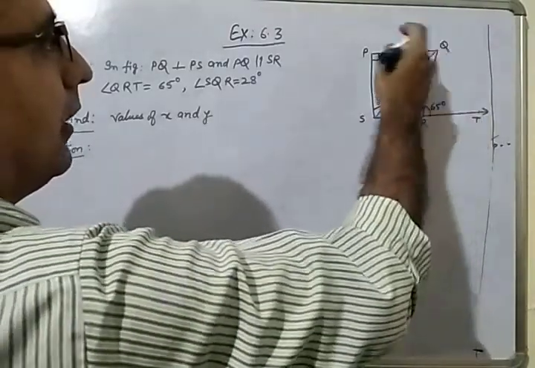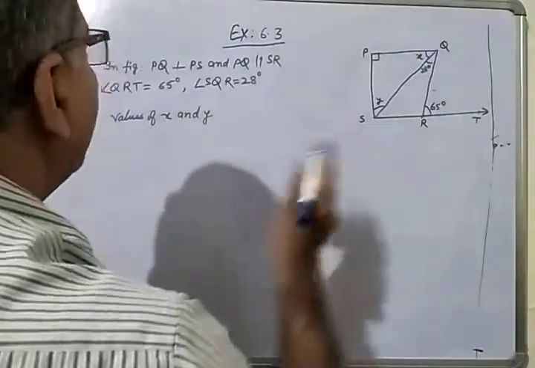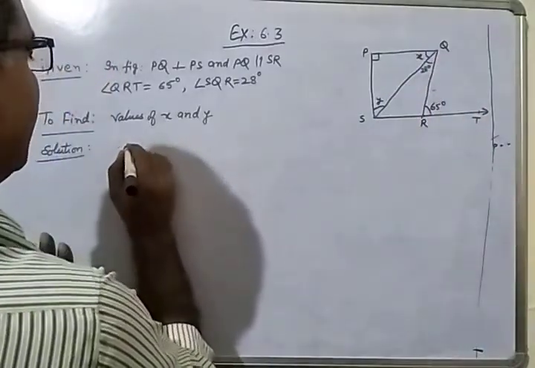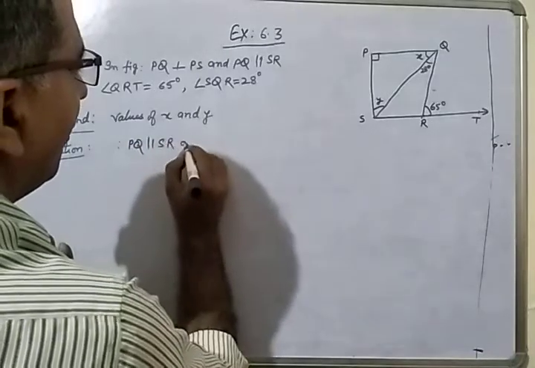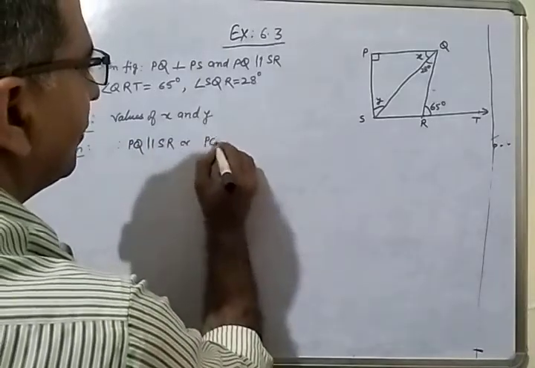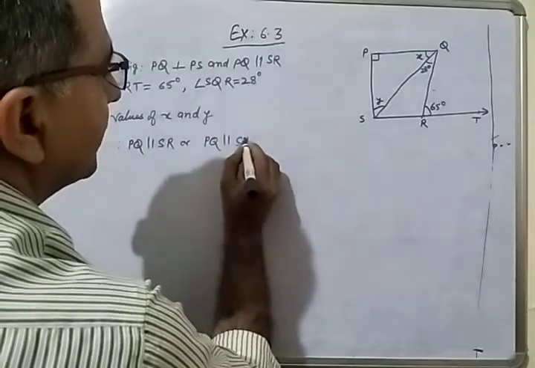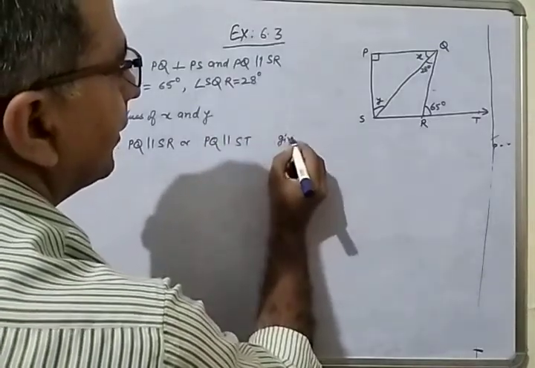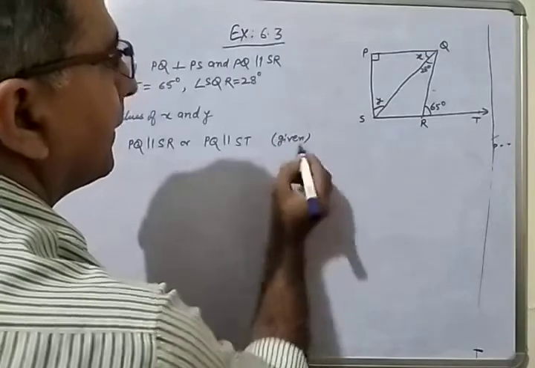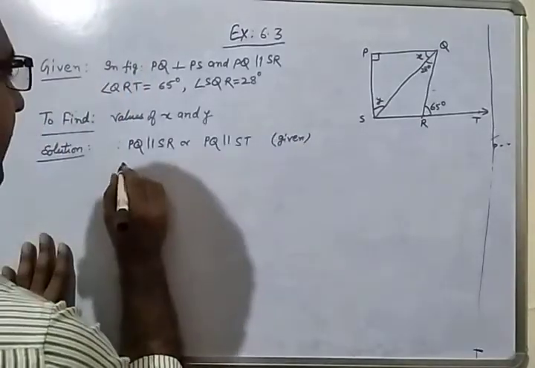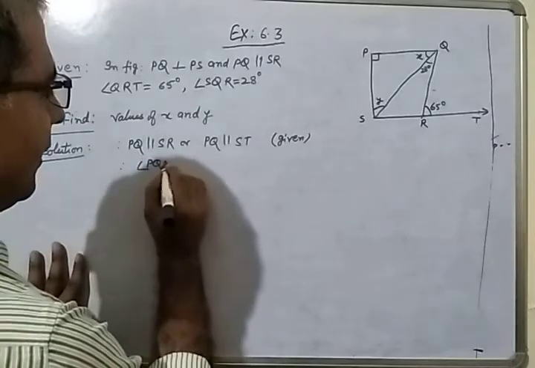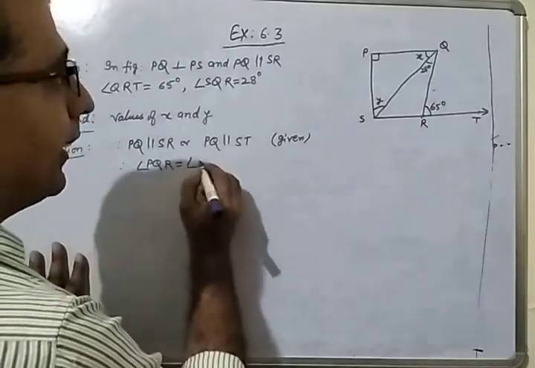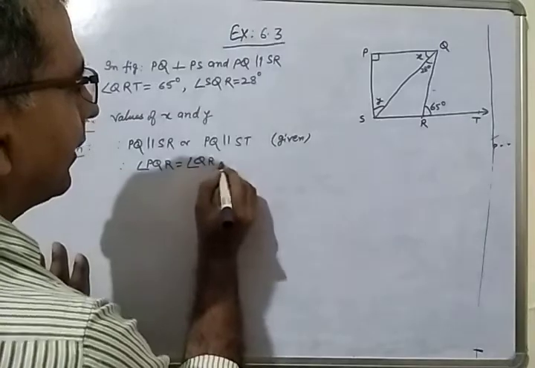Since PQ and SR are parallel, or we can write this PQ parallel to ST, that is given here. Now therefore angle PQR will equal angle QRT.